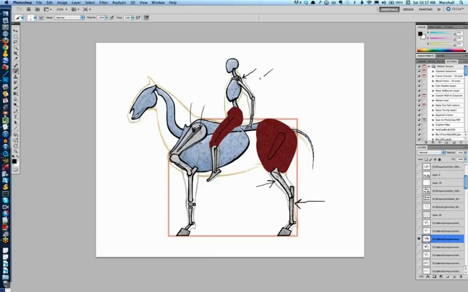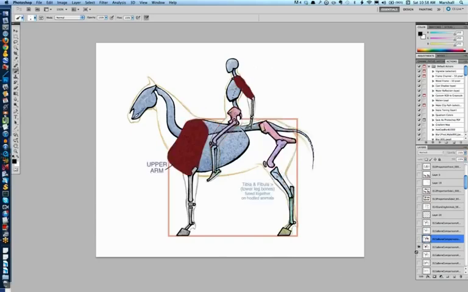And our upper arm, which sticks out from our body like so, the horse's upper arm, watch this, watch this, watch this. The horse's upper arm is also buried inside.